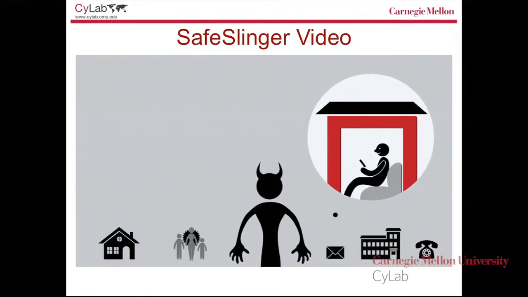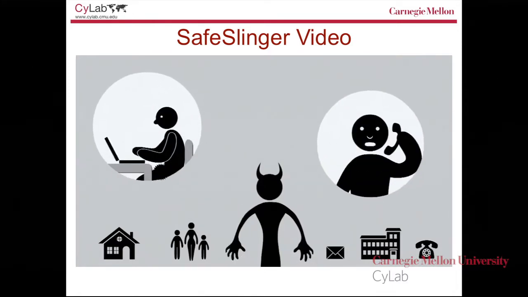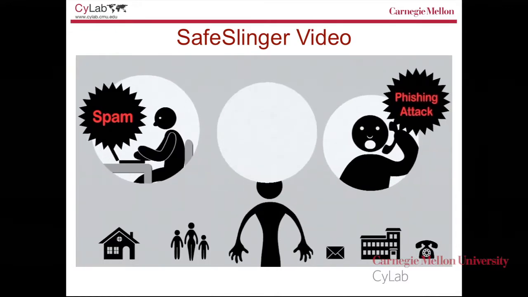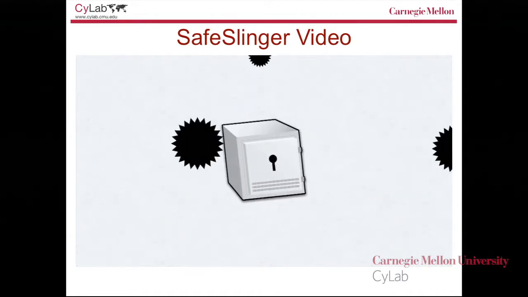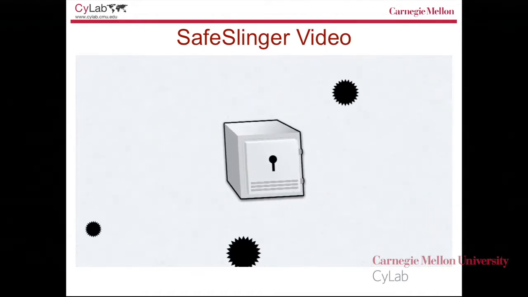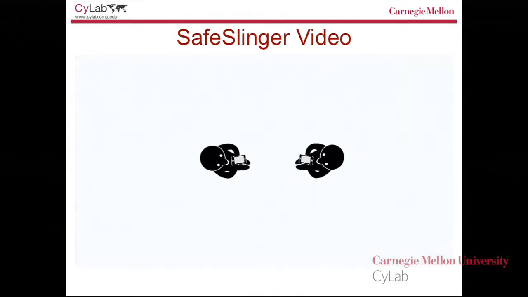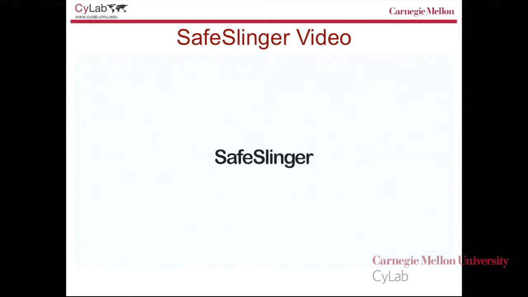Moreover, the stolen personal data can cause serious problems, such as spam or phishing attacks. What can we do to protect each person's identity data? We can use cryptographic keys to render the message useless to attackers. We cannot secure the entire internet, but we can secure a small section of it. We've developed SafeSlinger to do just that.